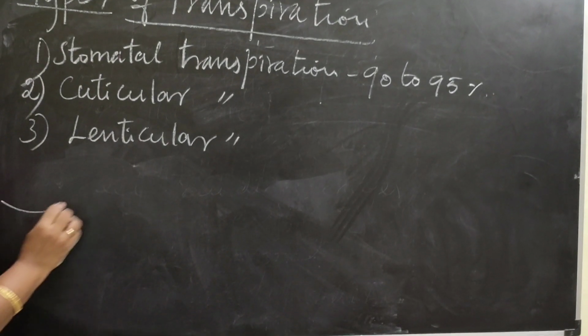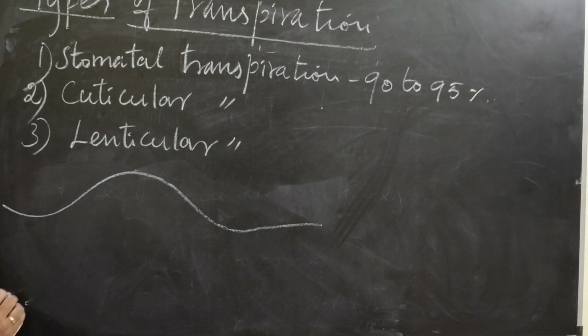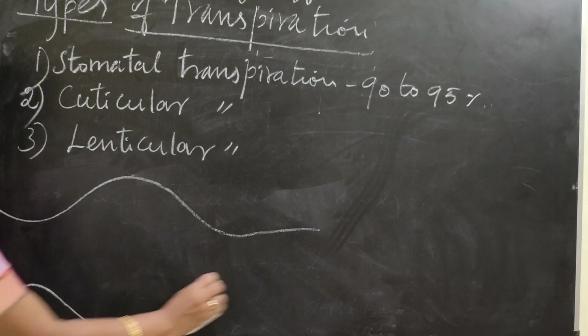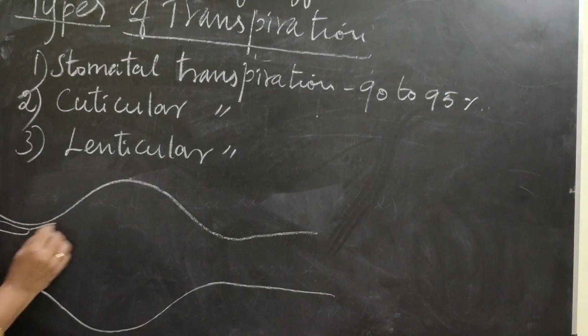The transverse section of the leaf shows the upper epidermis.